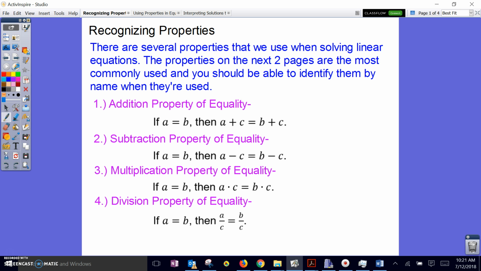The first 4 on this front page are all of our properties of equality: the addition property of equality, the subtraction property of equality, multiplication property of equality, and division property of equality.